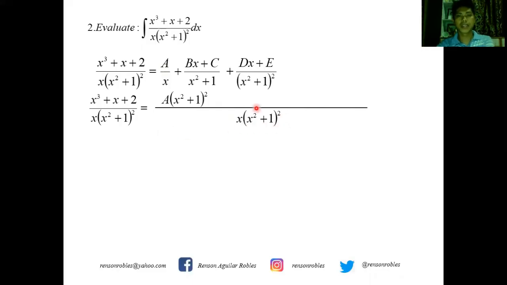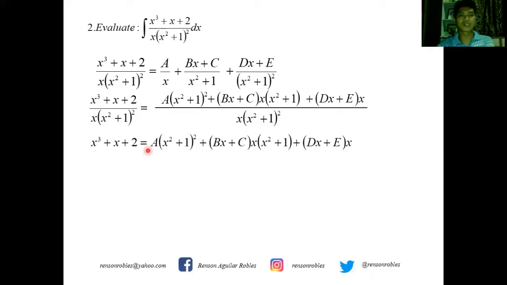Then the LCD divided by x squared plus 1 times Bx plus C led us to the quantity Bx plus C times x squared plus 1. And the LCD divided by x squared plus 1 to the second power times Dx plus E leads us to Dx plus E times x. And since again, the denominators are equal, you can now drop them off, and that led us to this equation.